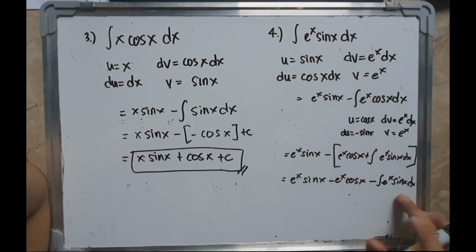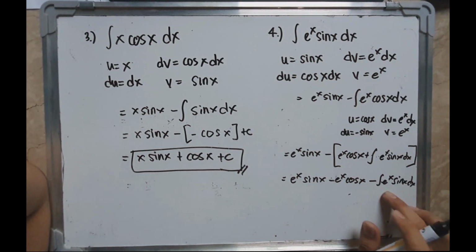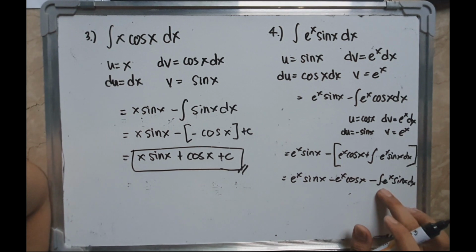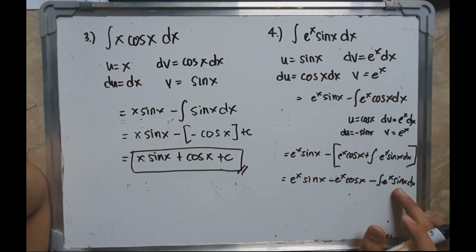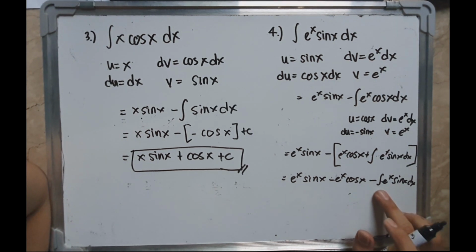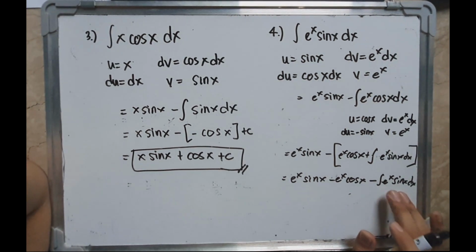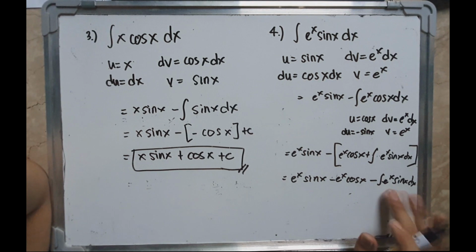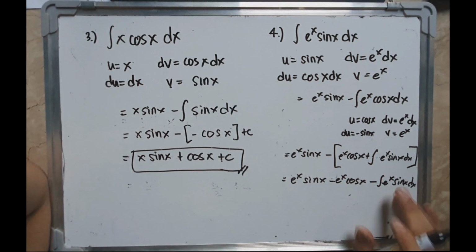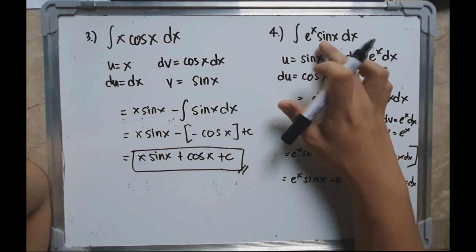Notice again here we still have a problem because we still have the exponential and the trigonometric functions, but apparently this one is very familiar, that is equivalent to our original function.